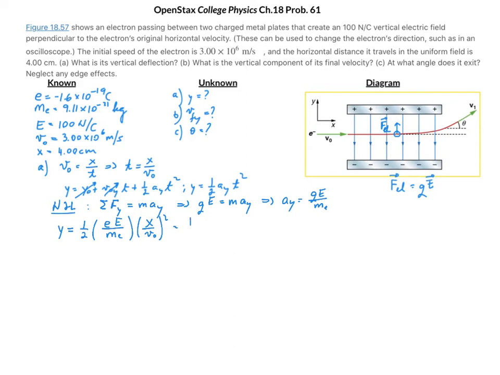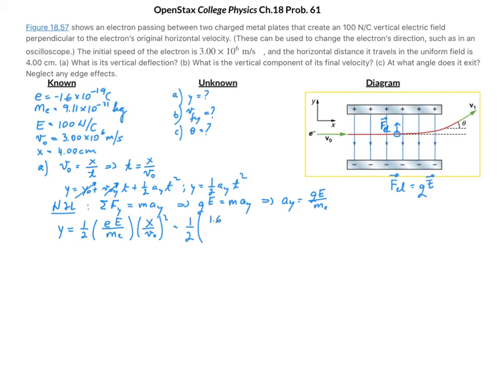So let's insert the numbers here. For the charge of the electron, I have it written here as negative 1.6, but the direction of the force already takes into account the negative charge that's attracted to the positive charge. So I will take just the absolute value of the electron's charge here.